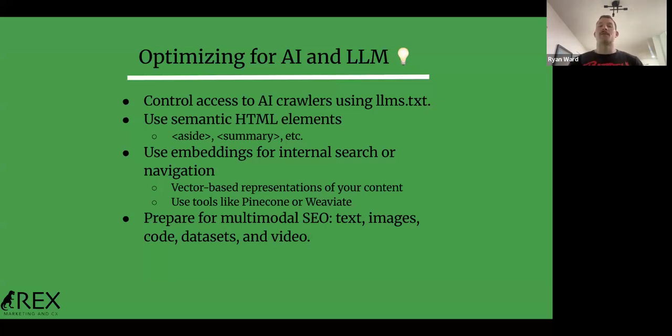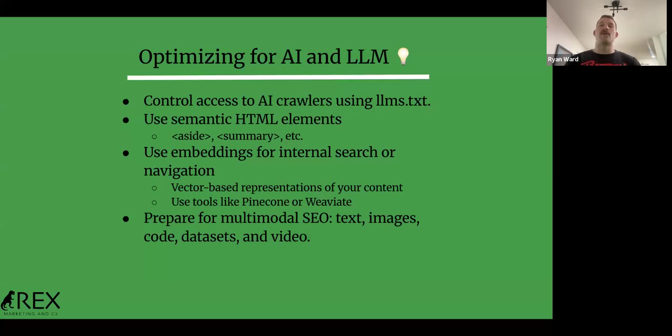And then finally, prepare for multimodal SEO. So when it comes to optimizing your website for AI, and this is kind of across the board, I always like to say crawlers are text focused. All these searches, whether it be ChatGPT, Gemini, Google, Bing, whatever the case may be, these are text-based searches that we're trying to rank for.